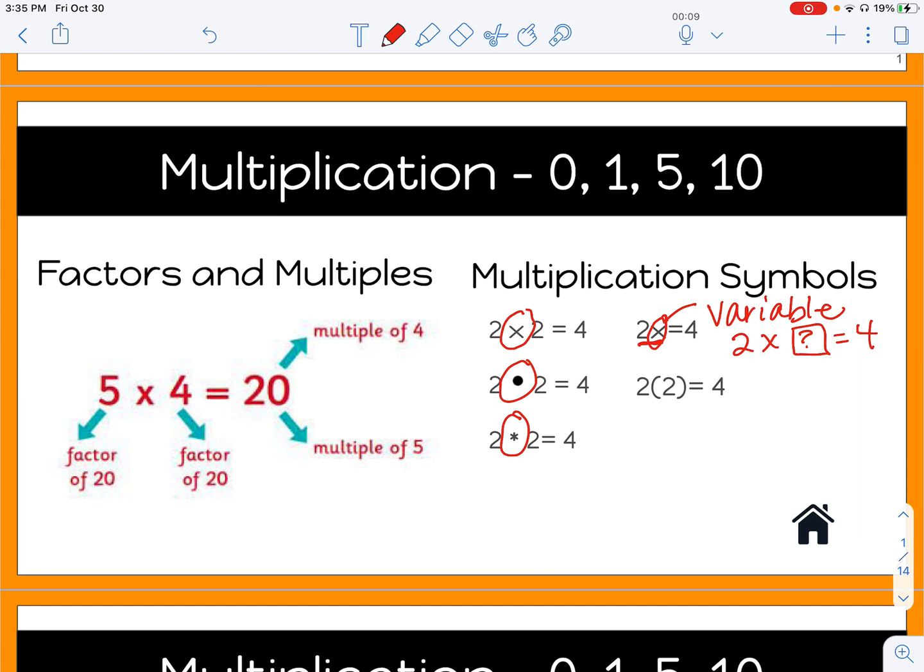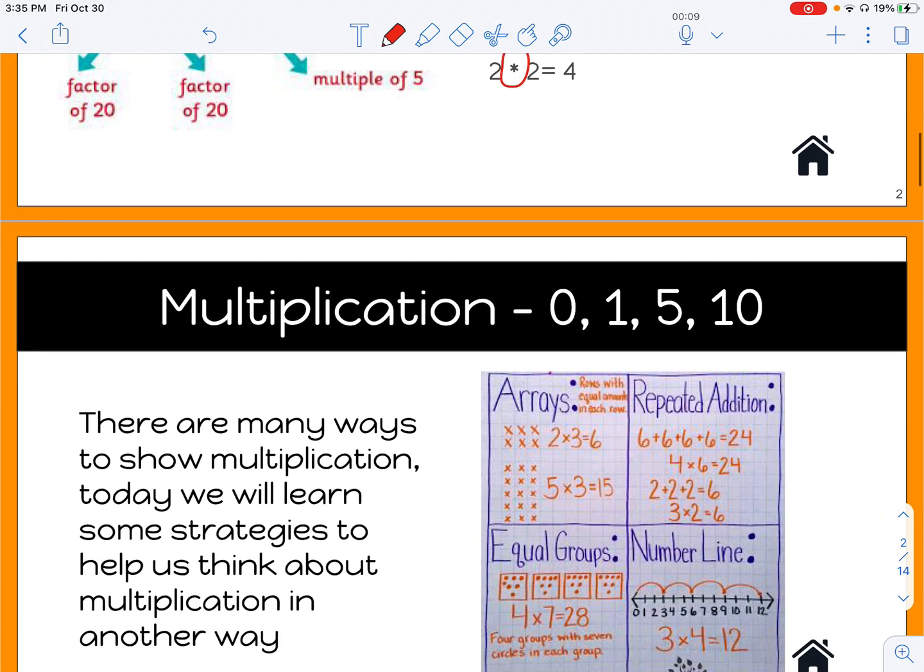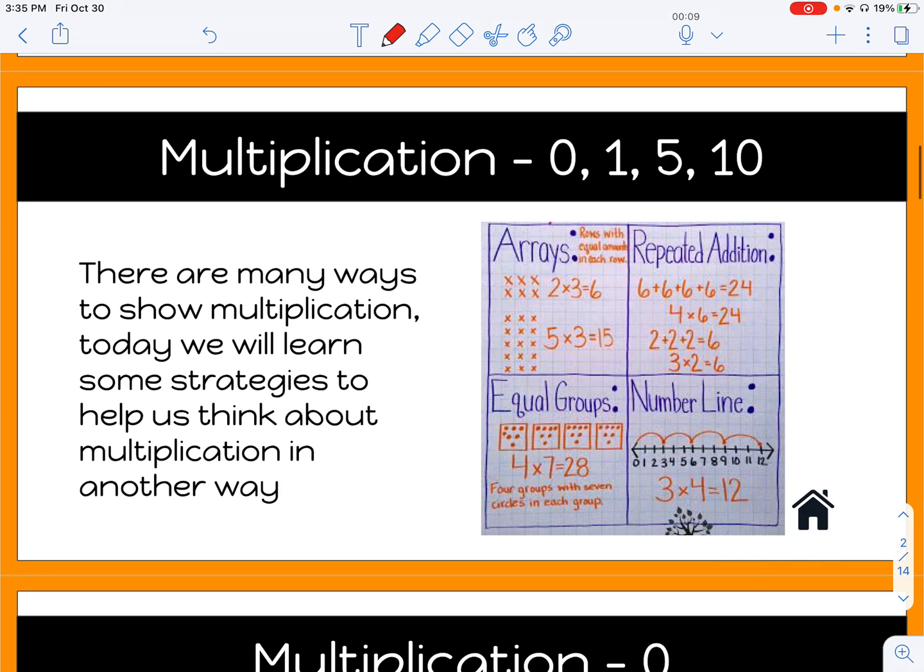That one we won't see very much this year. Another way you're going to see it is 2 with parentheses around another 2 equals 4. So it's 2 times 2 equals 4. There are many ways to show multiplication. Today we will learn some strategies to help us think about multiplication in another way.